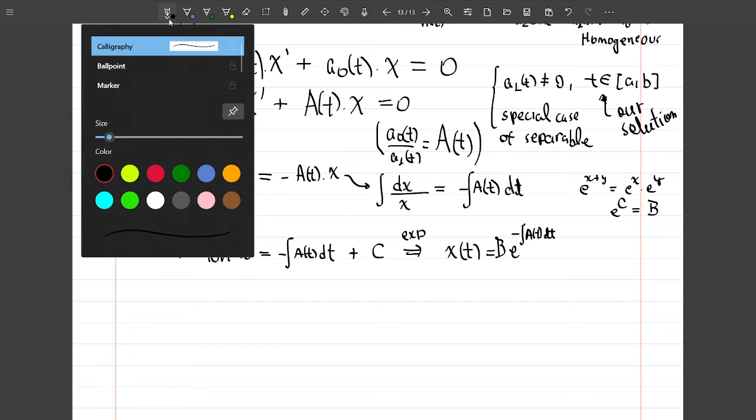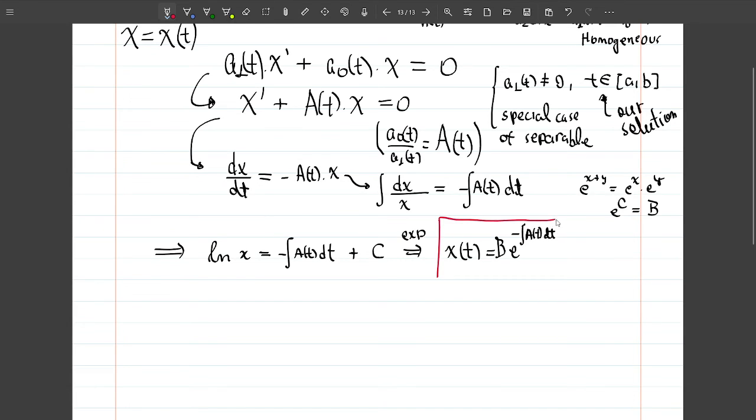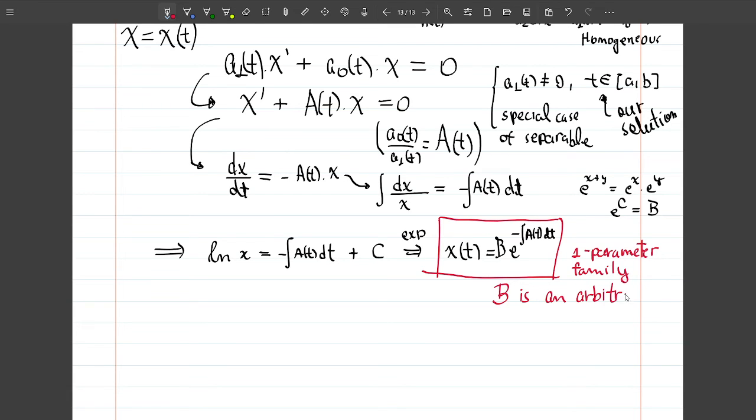I want you to note that this is a family of solutions. It is indeed a one parameter family of solutions, because B is an arbitrary constant.